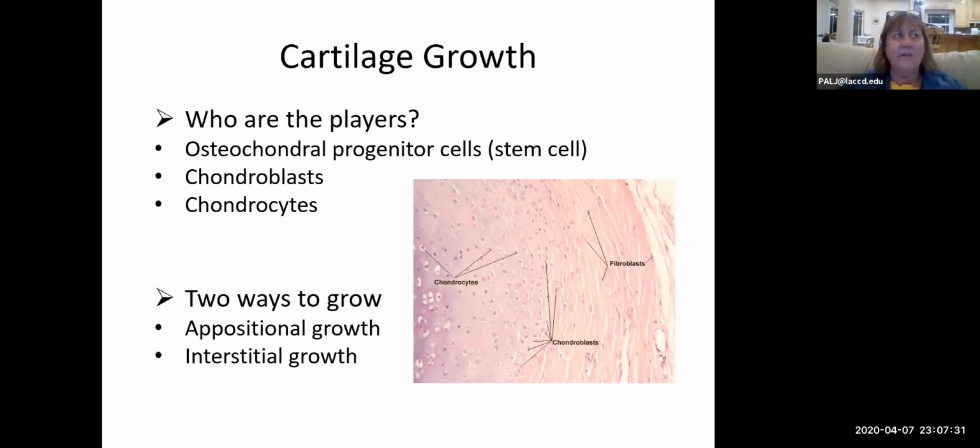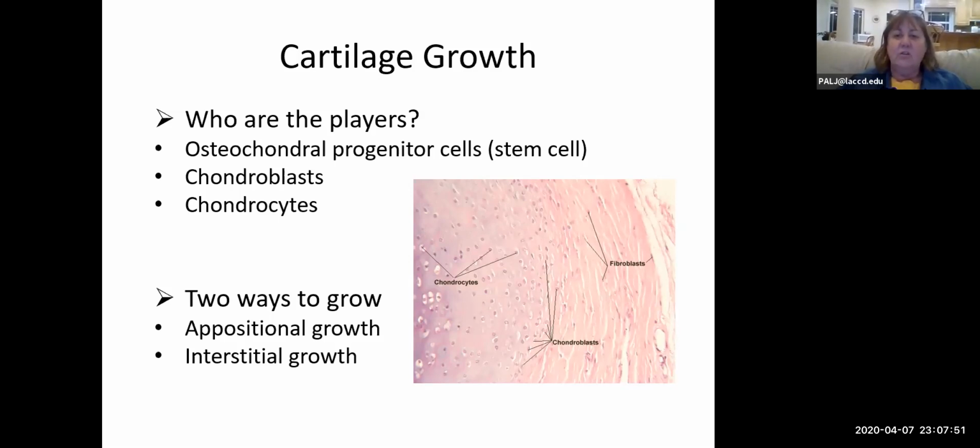And in fact, I don't even think bone formation is part of this first group. It's in the second half of this lecture. So this handout that you're given is actually 2 lectures worth of stuff. So it's in the second half. So the 2 ways of forming cartilage are appositional growth and interstitial growth.